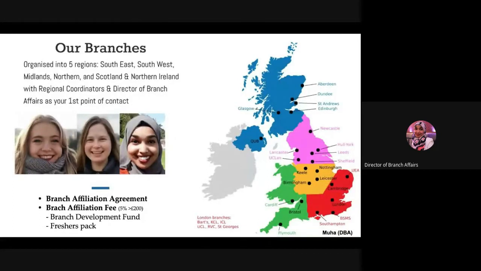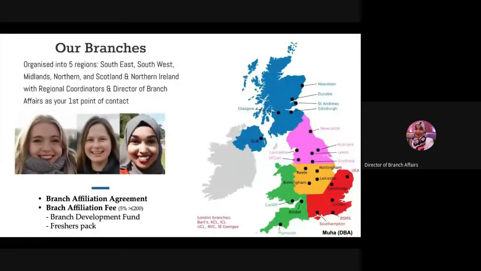So my role as the DBA, I oversee the team and help the RCs in supporting the branches. I'm also responsible for the development of branches and keeping you in the loop with what goes on in the network. And I do that by sending weekly emails, which generally include any tasks that branches might need to complete in terms of admin, opportunities members can get involved with, and general updates about the network.